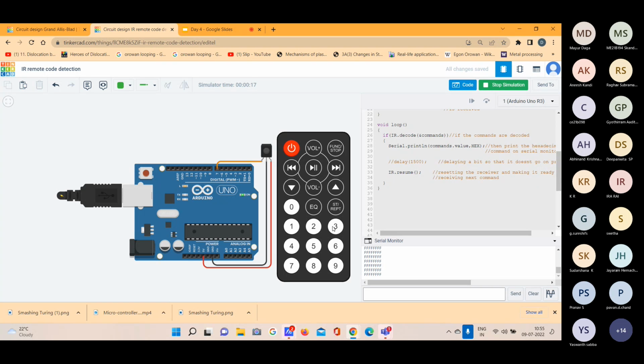After I press 3 and keep it pressed, now it has changed to the hexadecimal value of 3.